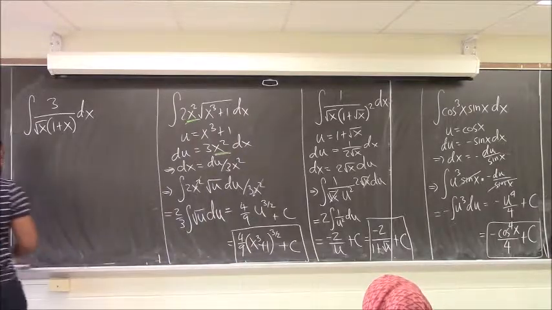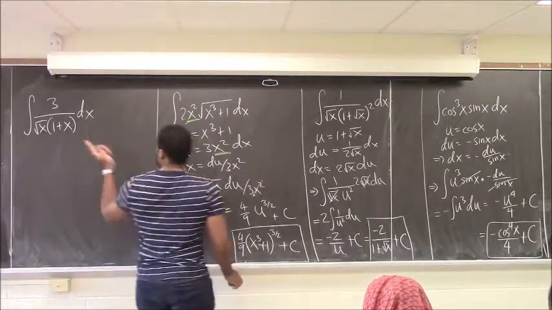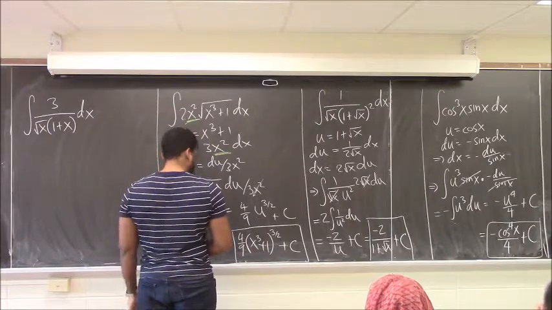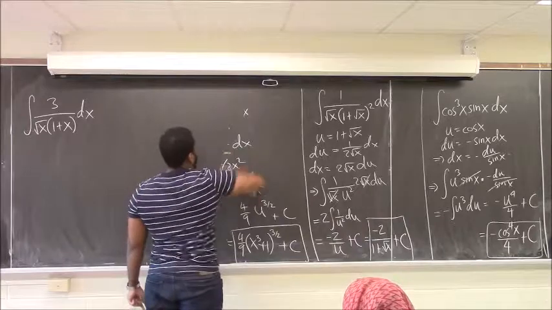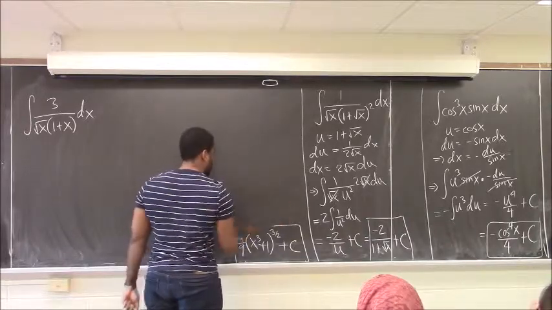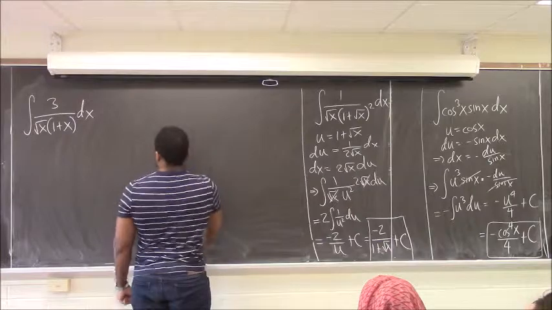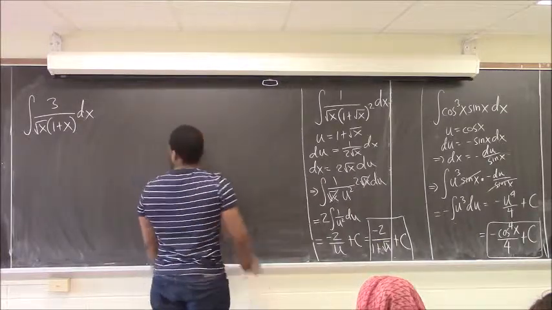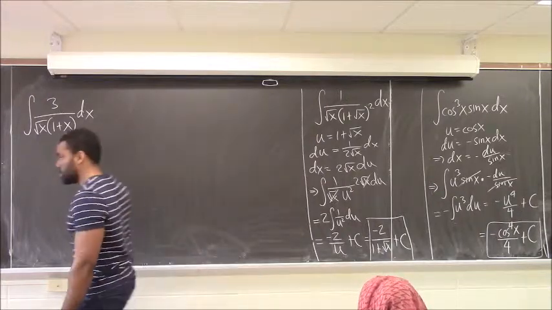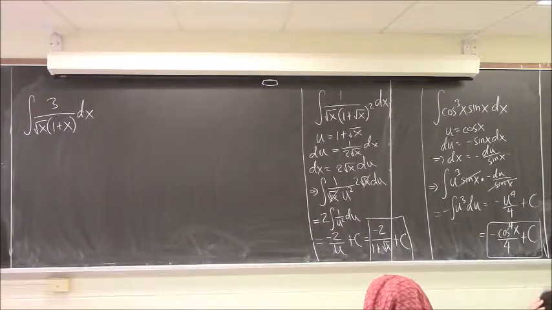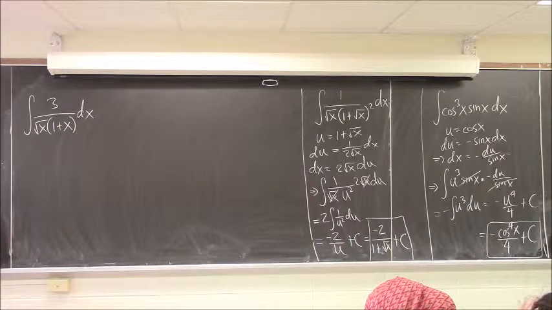Can anyone figure out this one? Substitution for that guy? Ideas here? Yeah. You distribute the radical x and then factor out x to the 3 halves.